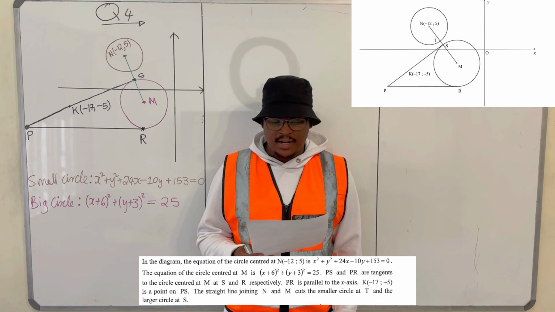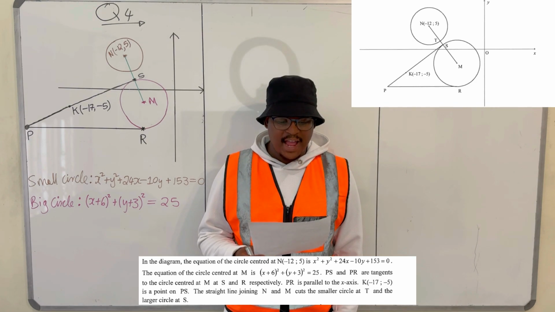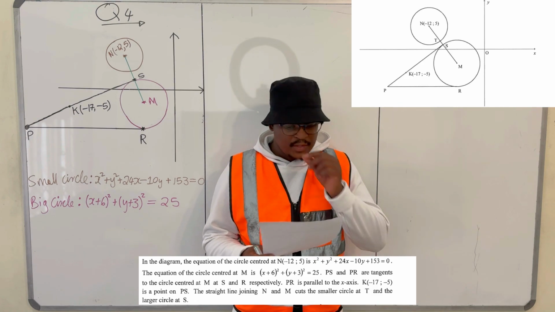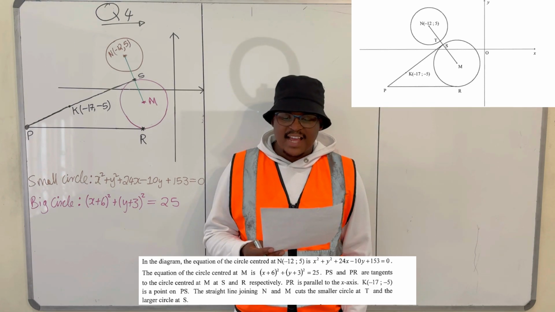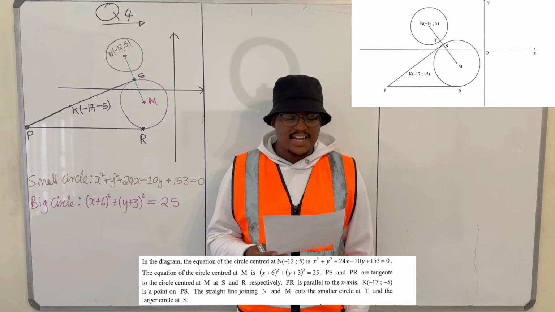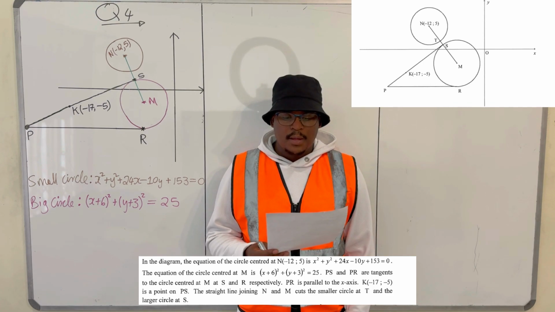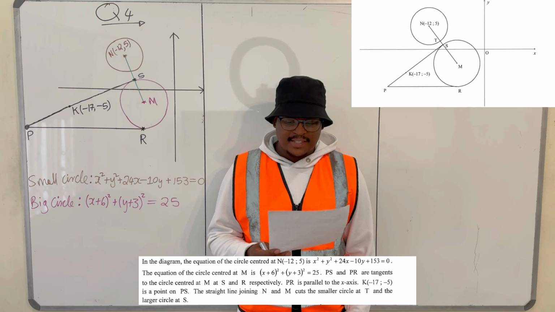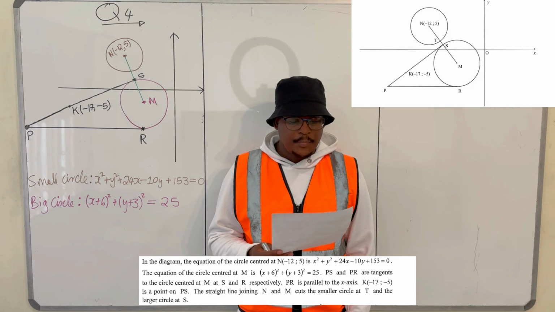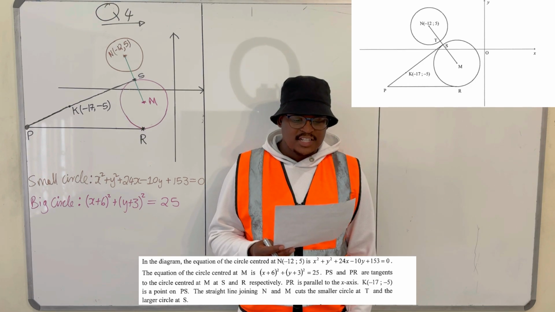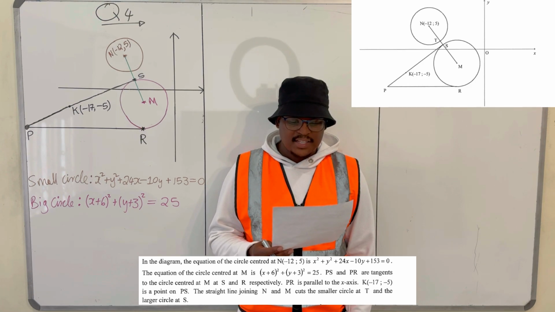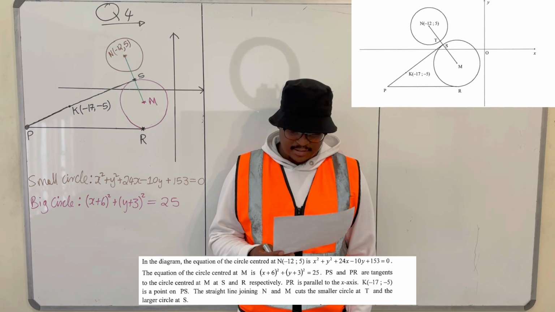PS and PR are tangent to the circle centered at M at S and R respectively. PR is parallel to the x-axis. K is a point on the line PS. The straight line joining N and M cuts the smaller circle at T and the larger circle at S.